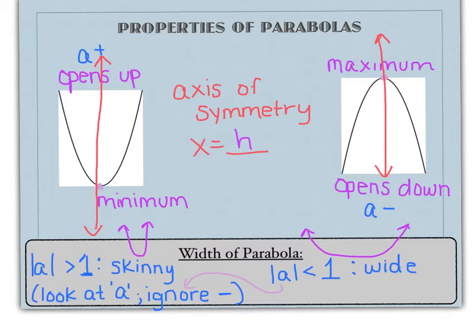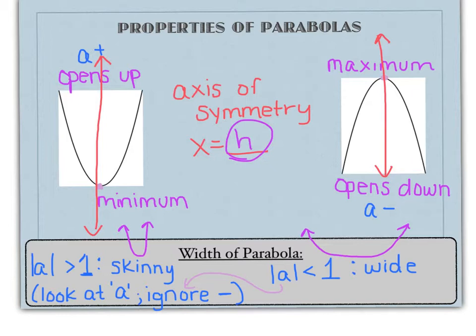Just take the first number out of the vertex and write x equals that number. That's all it is every single time. So don't stress out about that question. People get it wrong a lot because they think it's more complicated than it really is. Whatever your h is from your vertex, just make your equation x equals that h number.